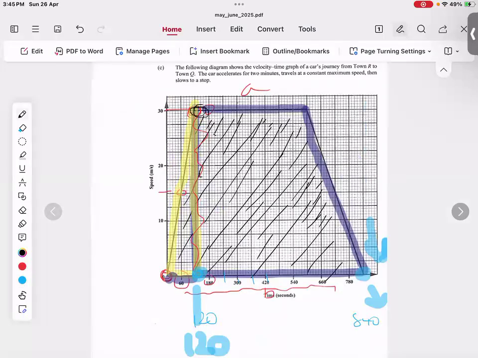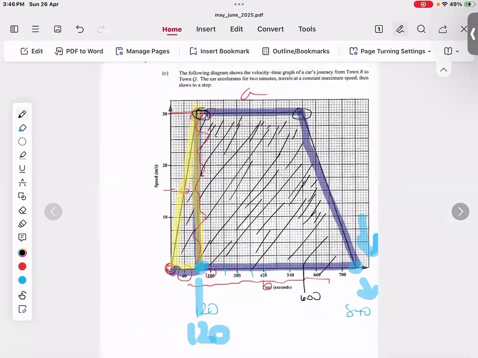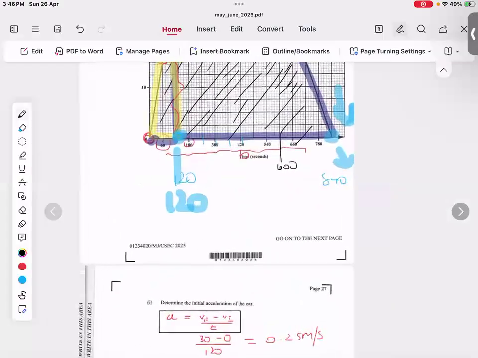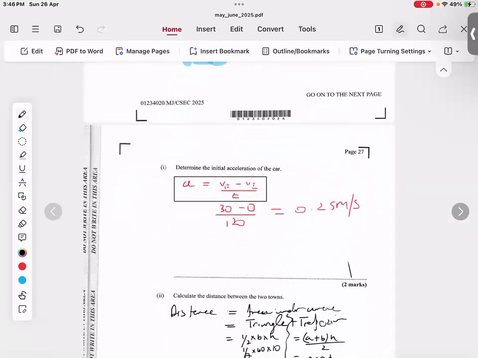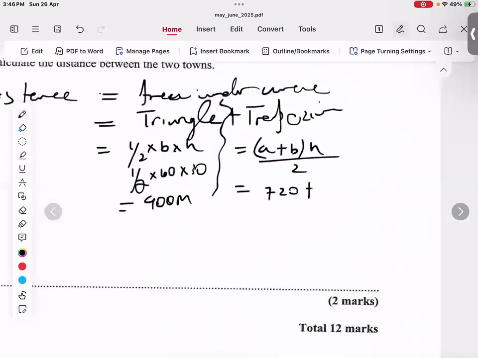From right here to right here, how much? At 120 minus the number here. Right here, 600. It's 600. So 120 minus 600 is how much? 480. 480.